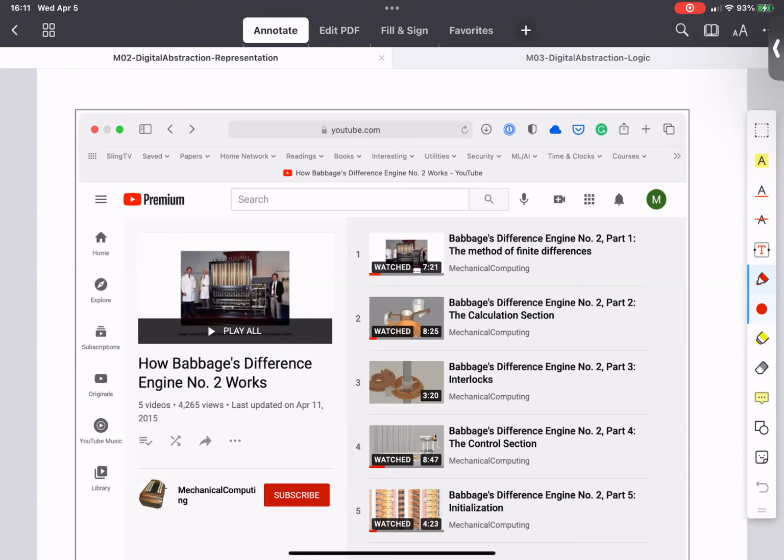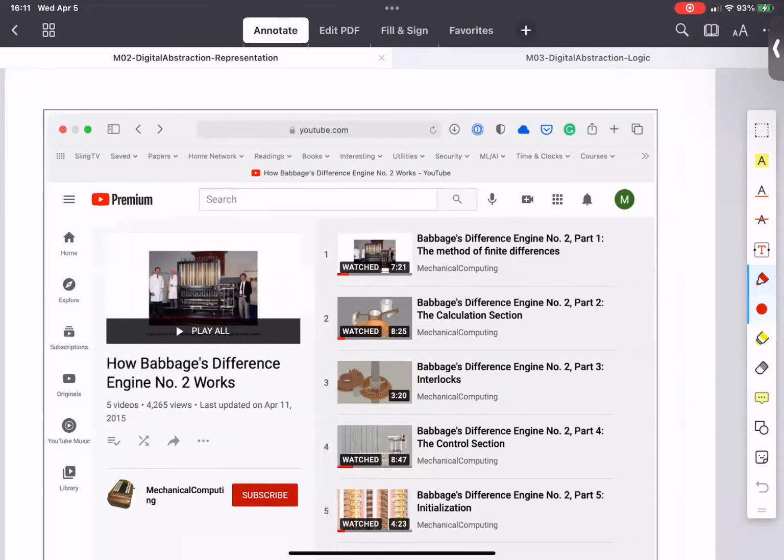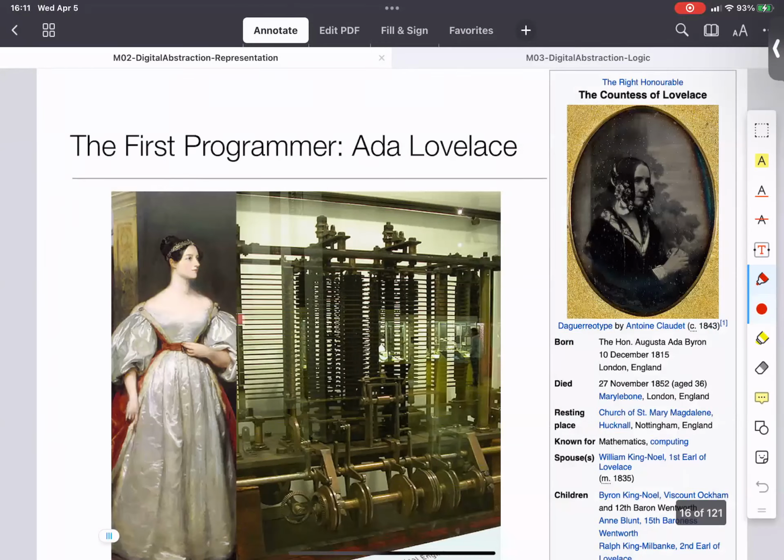There's a lot of history in that regard, and you can find a lot of material. So, first programmer, Ada Lovelace. The underpinnings of computing, digital logic, the ability to program these things predate Turing, but what Turing brought was a mathematical rigor to it.